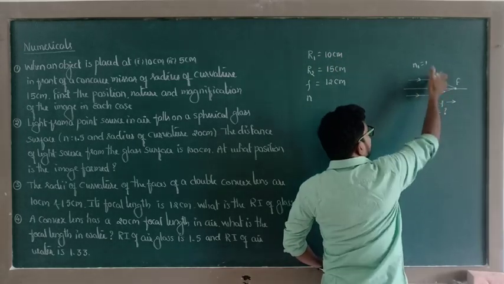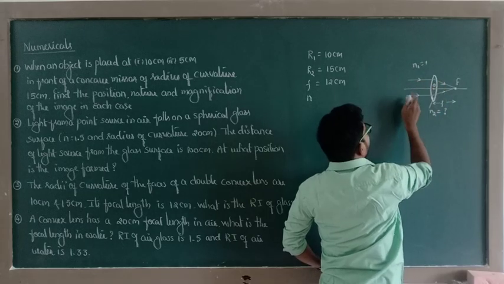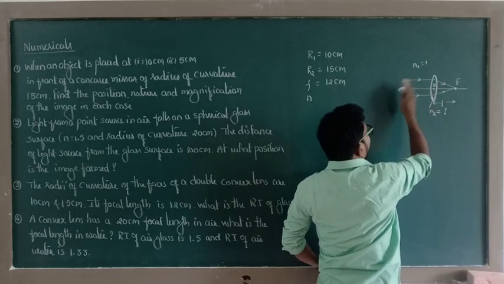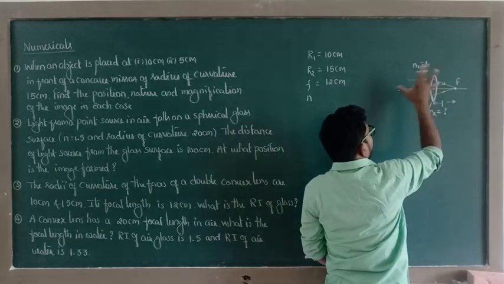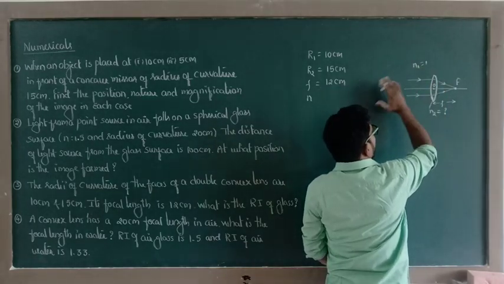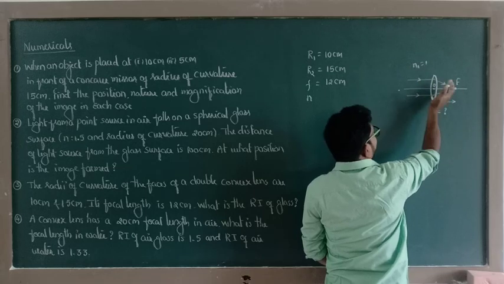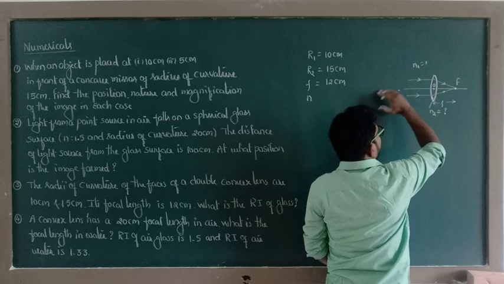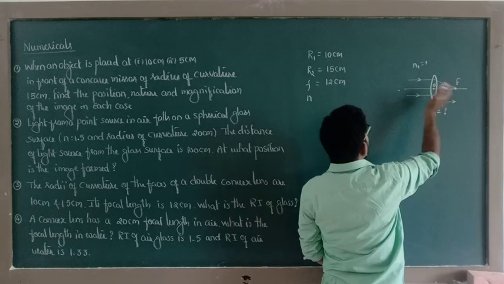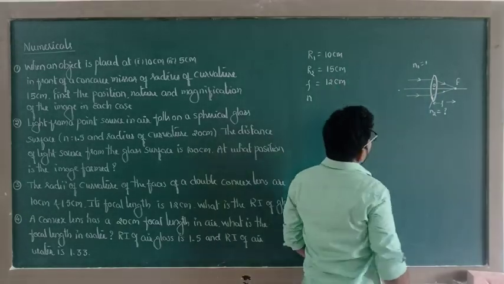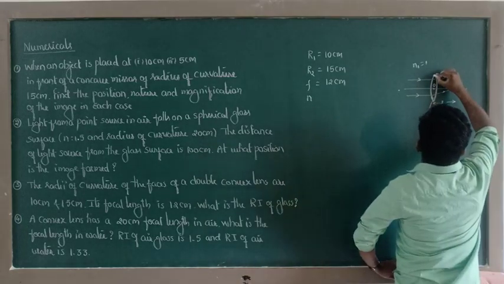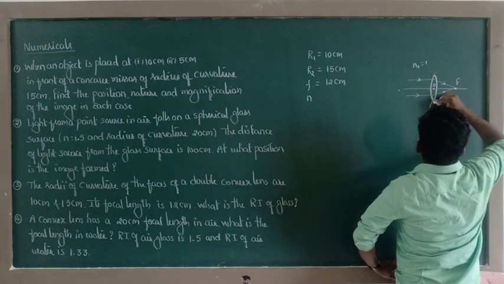But for the second spherical surface, its center of curvature lies on the left side of the optical medium. The direction of measurement is right to left, while the direction of the light beam is left to right. Therefore R2 has a negative sign. By proceeding, we will get an imaginary sphere.